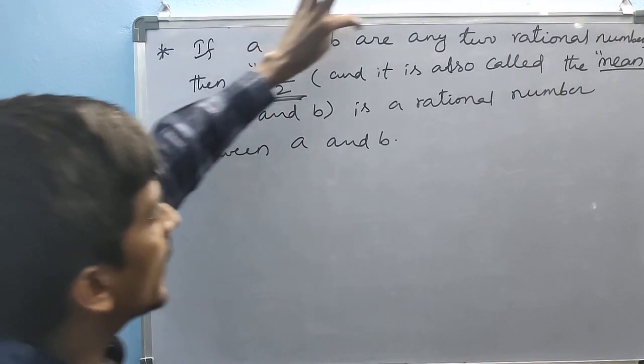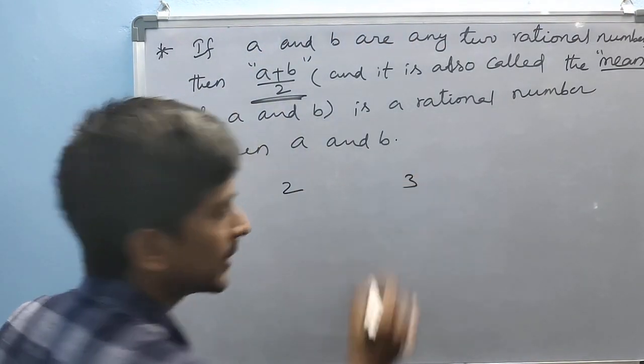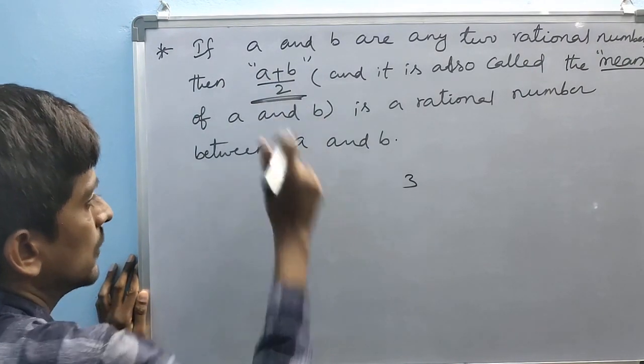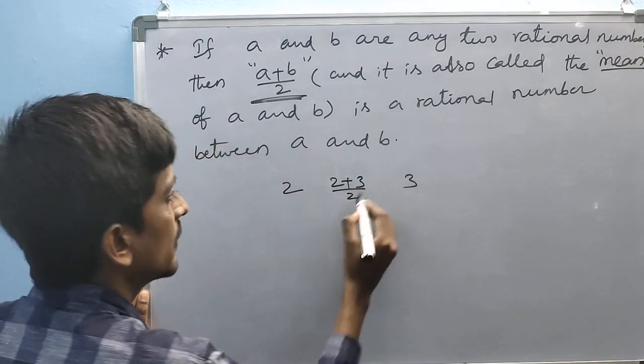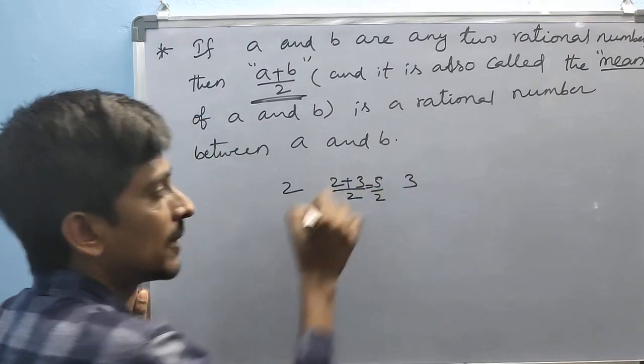If A and B are any two rational numbers, for example 2 and 3, then A plus B by 2, that means 2 plus 3 by 2, equals 5 by 2. 5 by 2 is in between these two numbers.